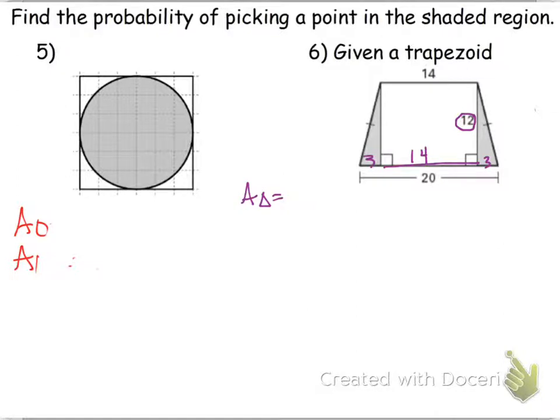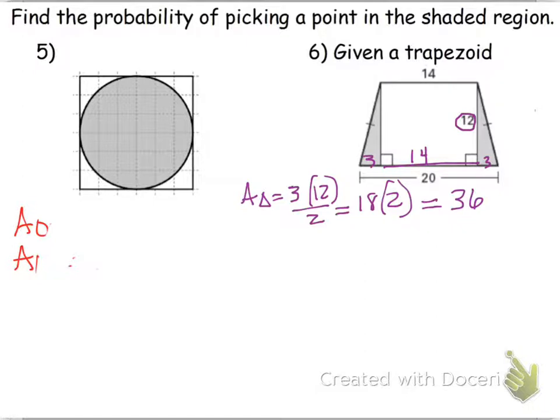And so if I do base, which is 3, times height, that's 12, divided by 2, that gets me 18. But that's one triangle. And so I need 2 triangles. So both triangles would be 36. That's the area of just the shaded part.